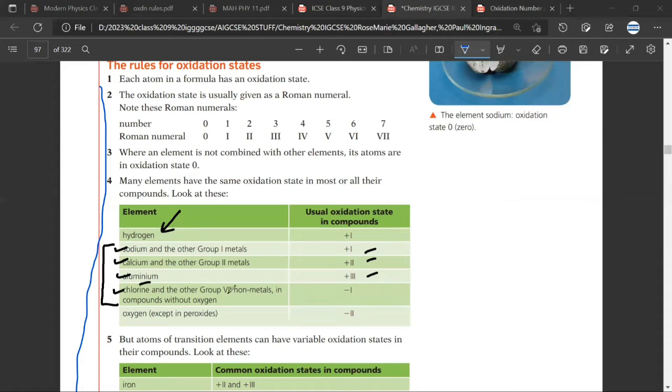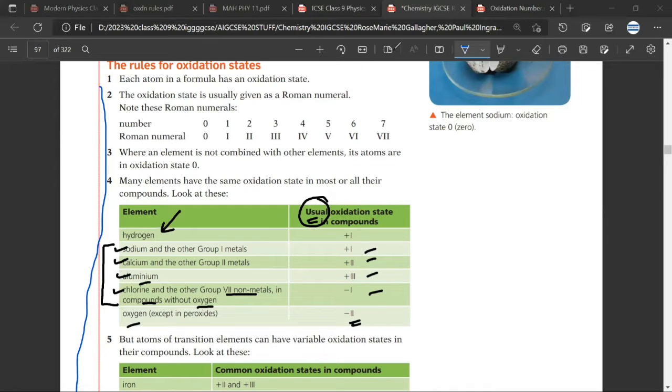Chlorine, as well as other group 7 nonmetals in a compound without oxygen, has an oxidation number of -1. Is it making sense? Yes, sir. See, if you look at the word usual, the usual oxidation number of oxygen is -2. It can change, but usually it is -2. Is it making sense? Yes, sir.